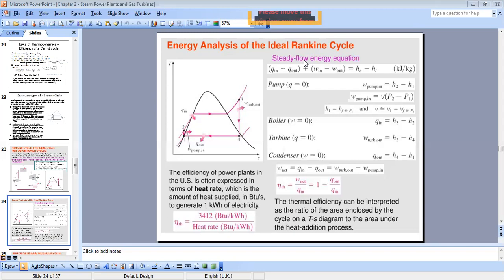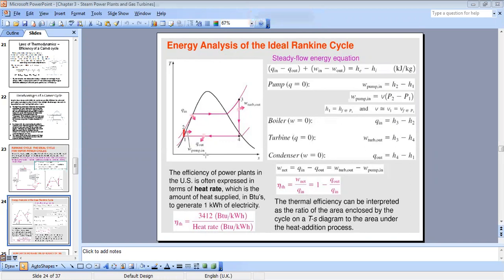Okay, but now how to find Q in, Q out, and the work. First, let us start with the pump level. What is happening at the pump level? I have W pump. At the pump level, I am increasing the pressure from P1 to P2.